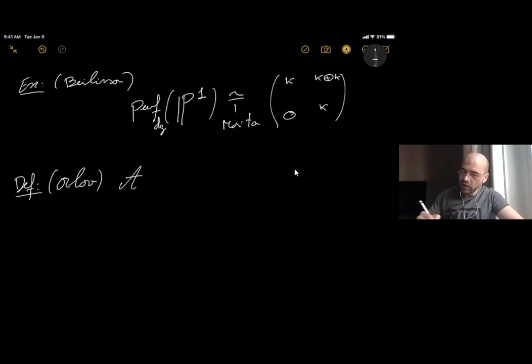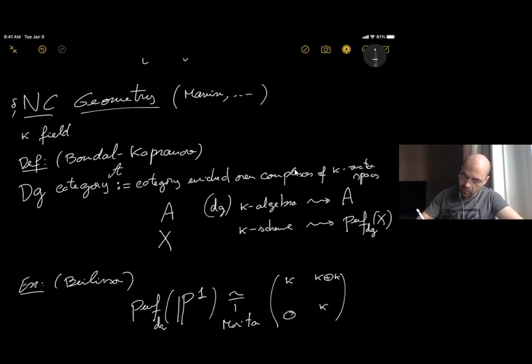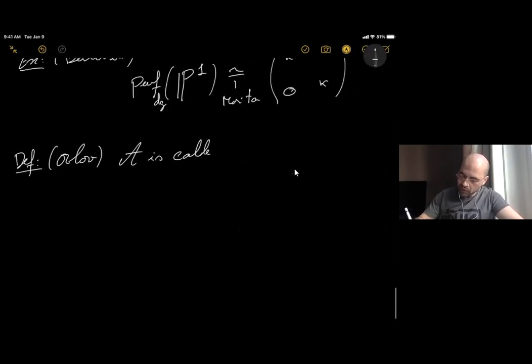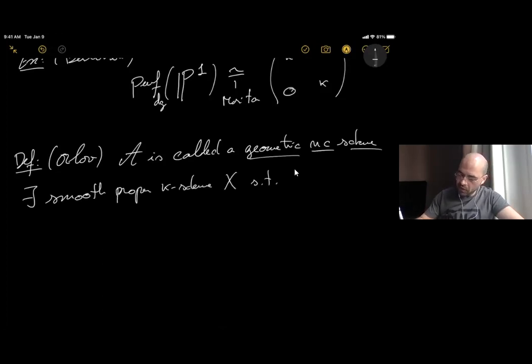So if you have a DG category A, it is called a geometric non-commutative scheme if there exists a smooth and proper scheme X such that your category is actually inside the category of X, and is something called admissible.